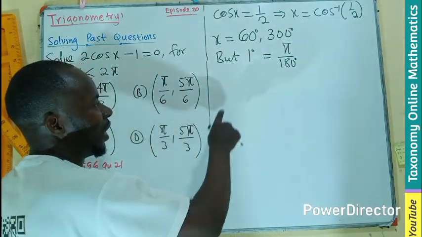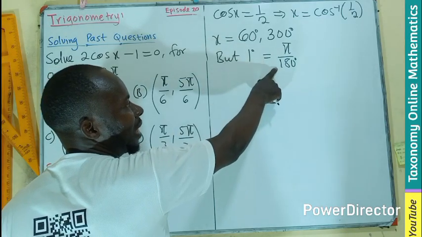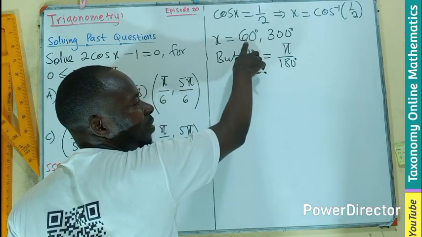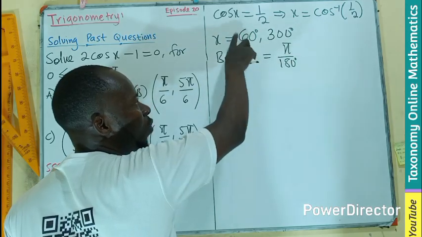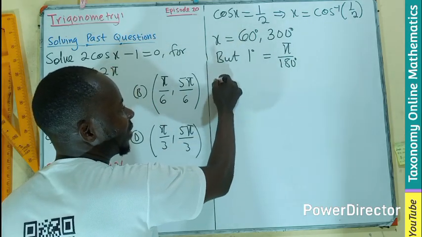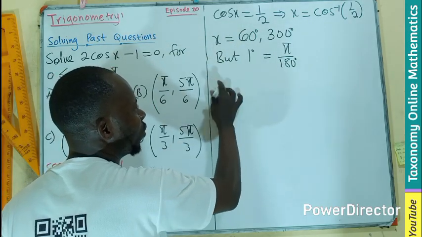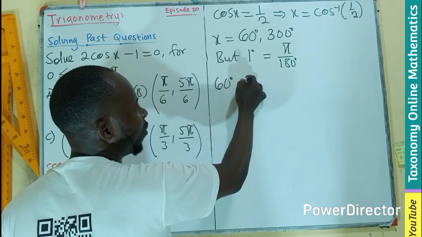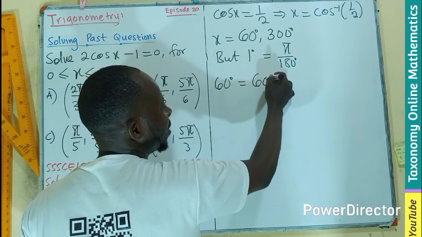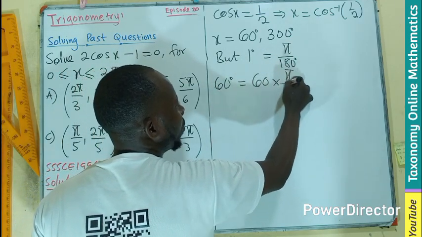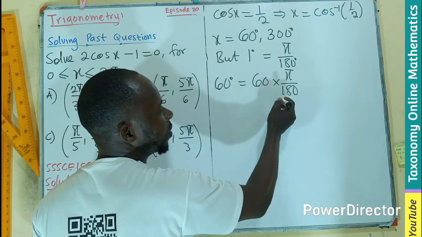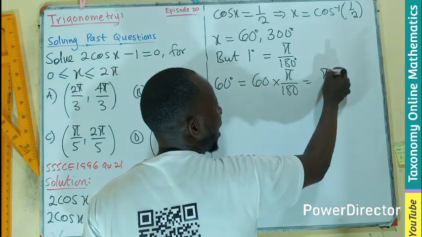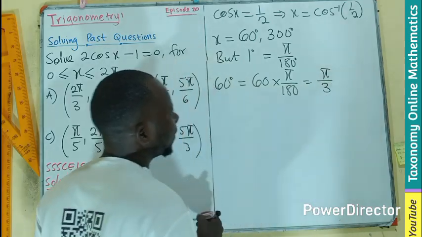So if I'm changing this, I only have to multiply by this, because this times 60 gave me this, so this times 60 will give me the reciprocal. So 60 degrees will become 60 times pi on 180. This will cancel, and I'll be having pi divided by 3.